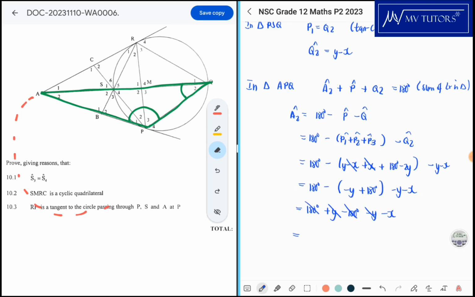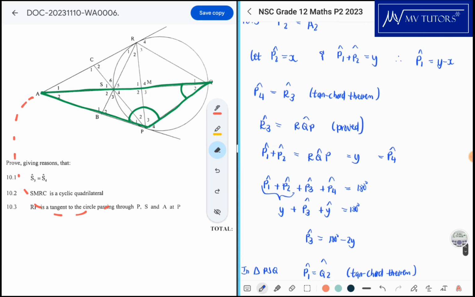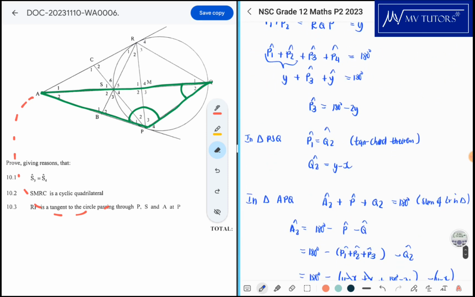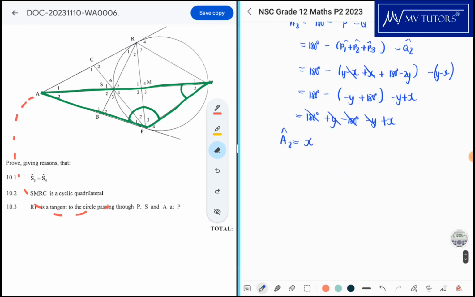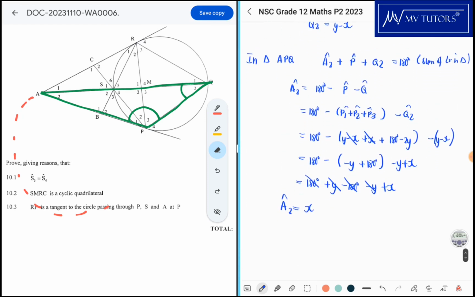Then I have a negative X. Minus Q2, so it's minus Y plus X. So A2 is finally equal to X. Oh my word, guys, this is too much. If anyone has a shorter way of doing this, please help out the learners, because I feel like the way I did it was very complicated.